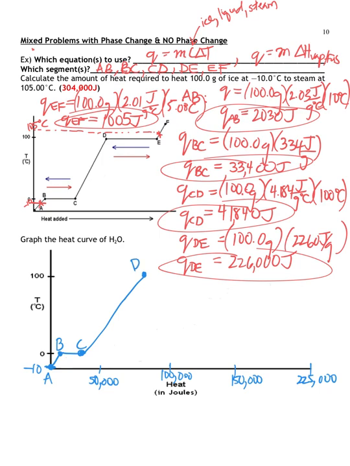The DE segment is very long. It's 226,000. So where does that end? Well, I'm going to add that 77,000 to 226,000, and it's pretty big.